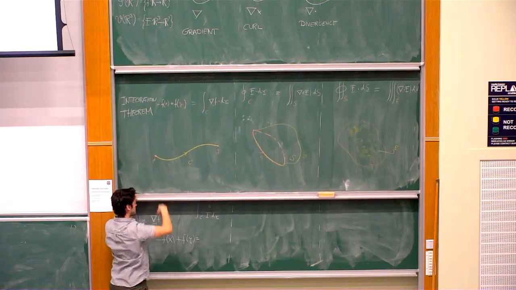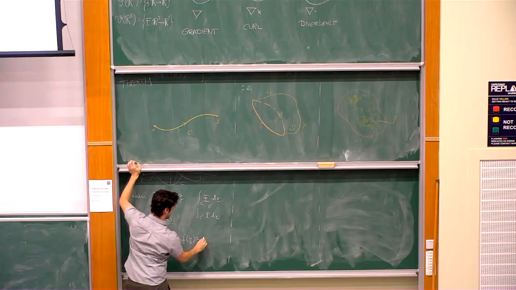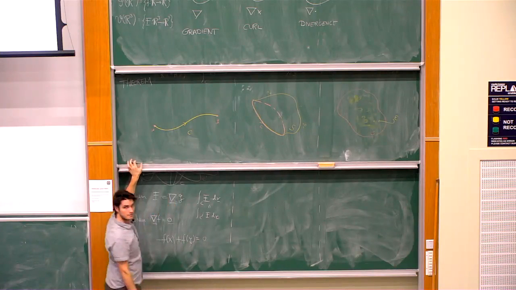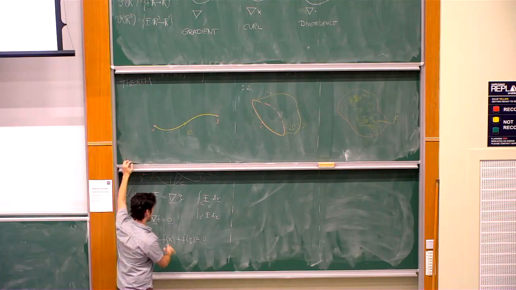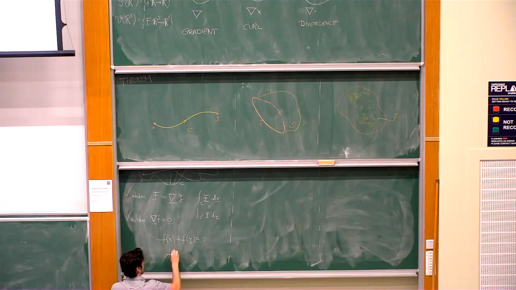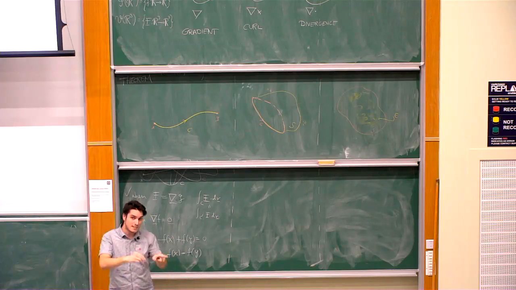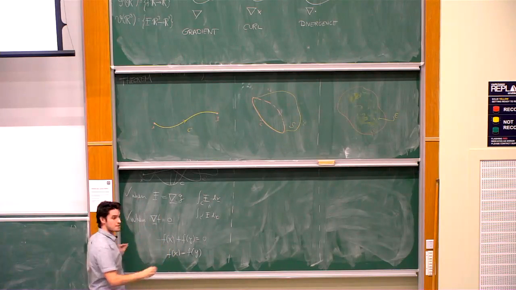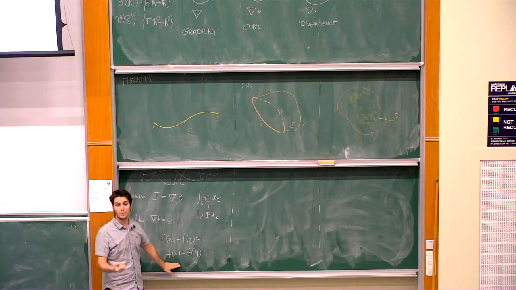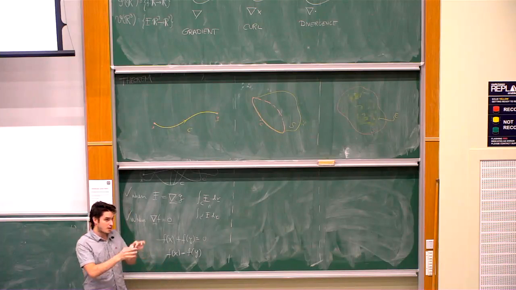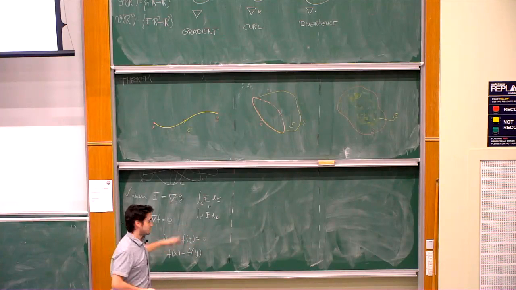But the gradient is zero, so this is necessarily zero: I'm integrating the zero vector field over the line, so obviously I get zero. So what this is telling me is that f of x equals f of y. For all the points that I can connect with a path, the value of the function is constant. This is what we call locally constant: as long as we can connect two points by a path, the function is constant.